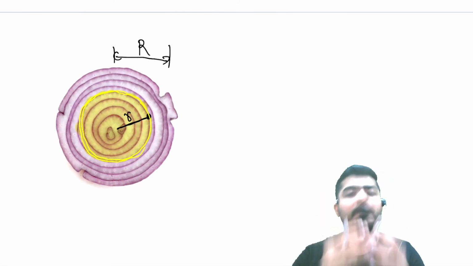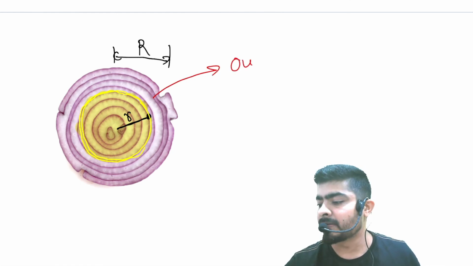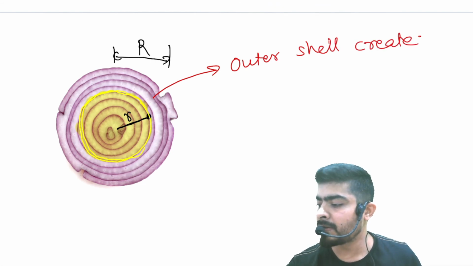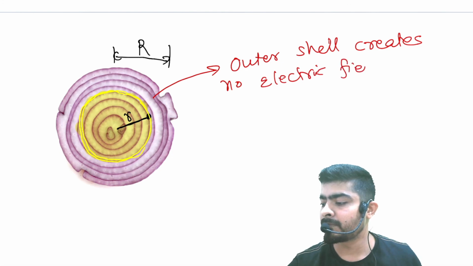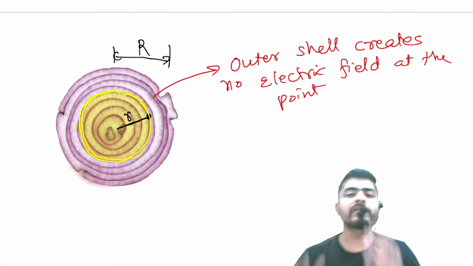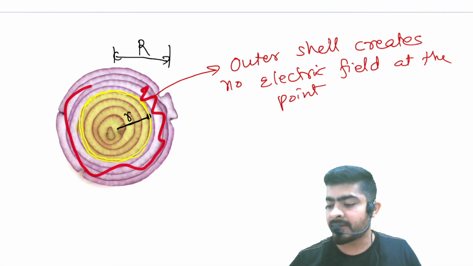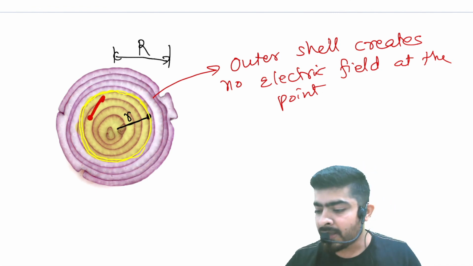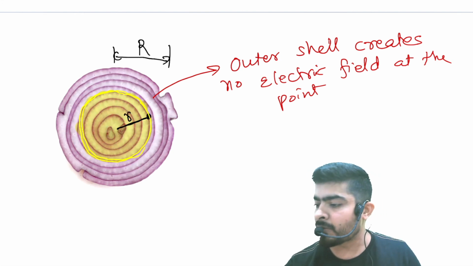When you apply the shell theorem, the outer shell creates no electric field at the point. Simple. Because when you are inside a shell, there is no electric field. So this outer shell cannot create any electric field at this point. Correct? Now only the inner sphere will create the electric field, and that field will be equal to how much?